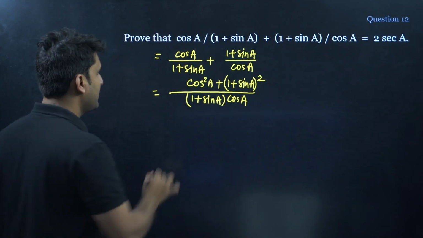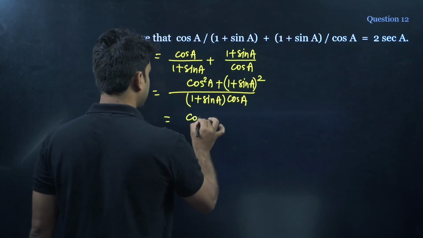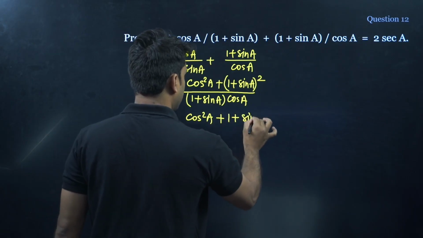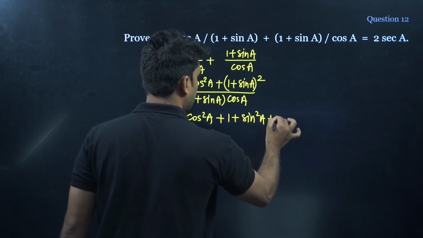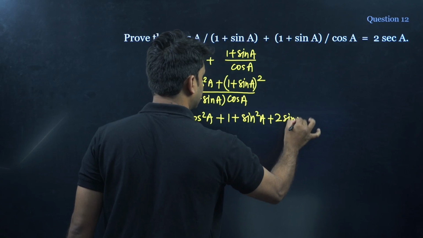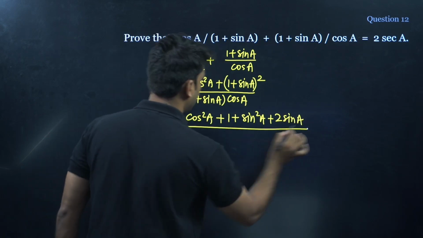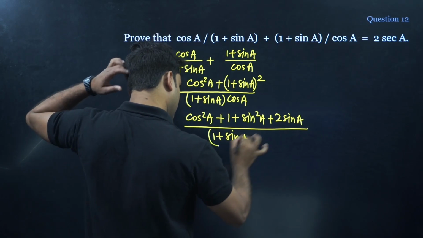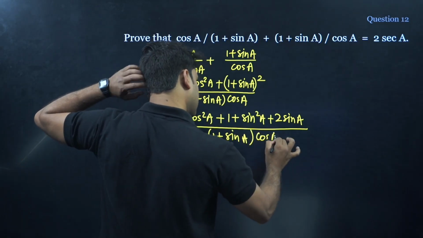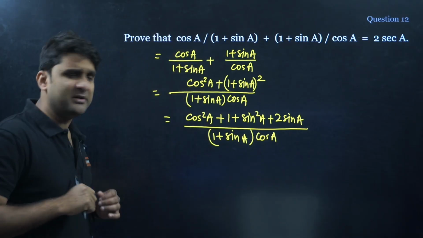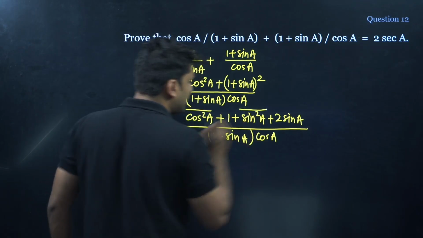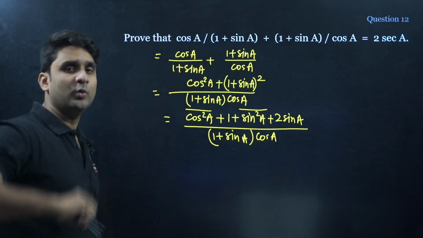Clear everyone? Now can we open the bracket? If we open the bracket, a square plus b square plus 2ab, 2 into sin A. And here we have (1 plus sin A) into cos A. My dear champions, if you focus, cos square A plus sin square A is equal to 1.